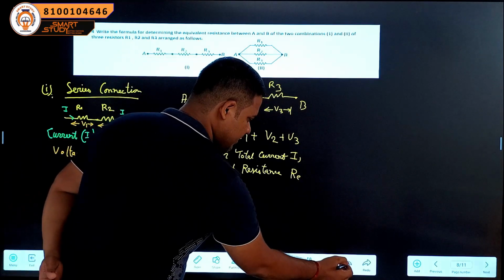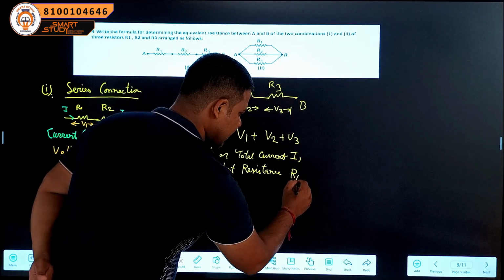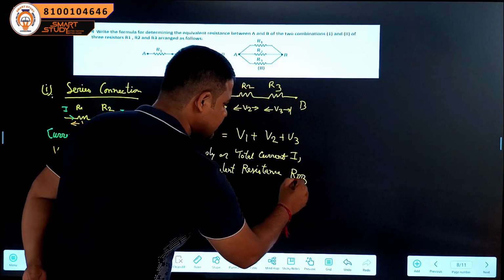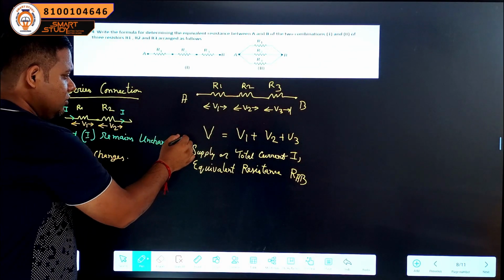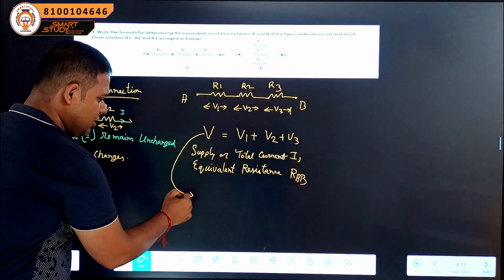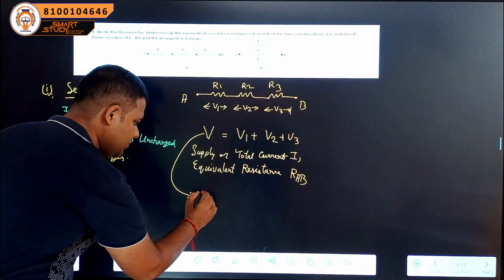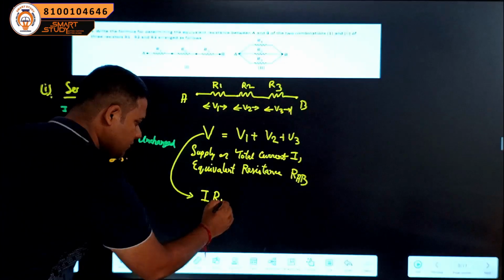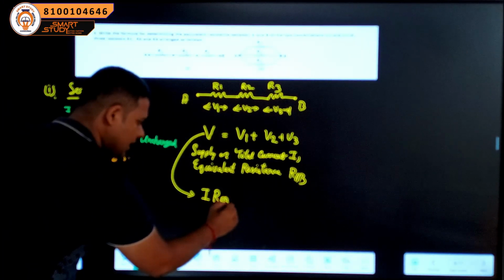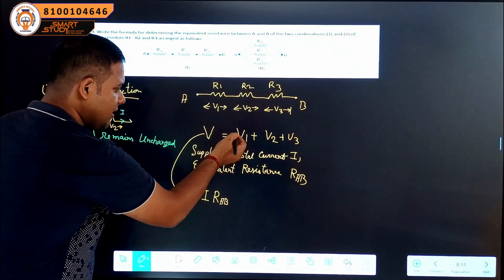Better that I represent Req as Rab, as in your question the two terminals or nodes are A and B. So we can simply write V equal to I into the equivalent resistance Rab.